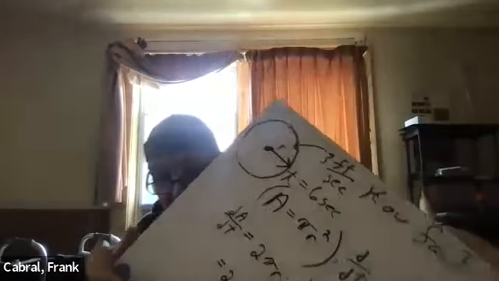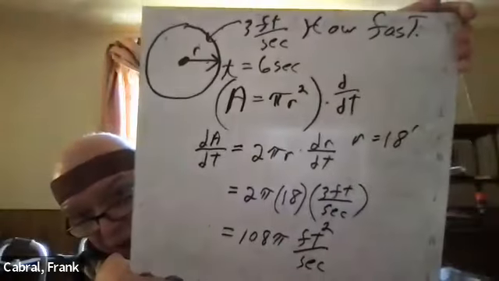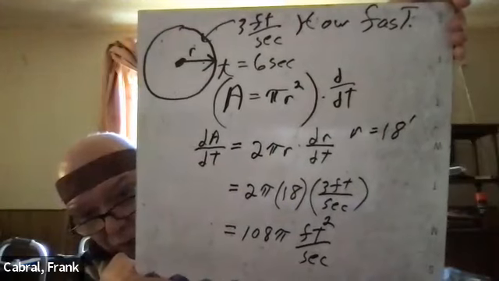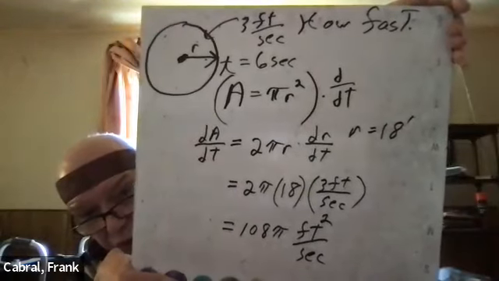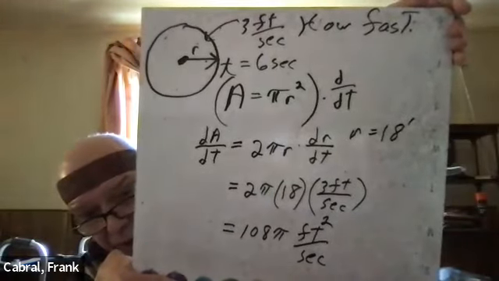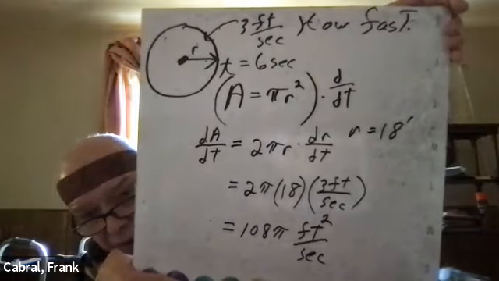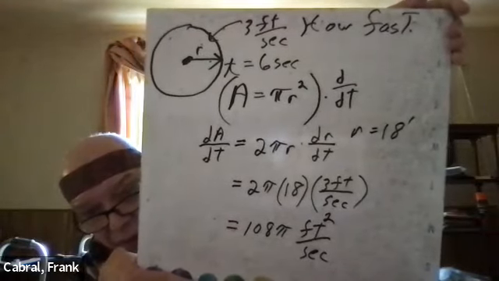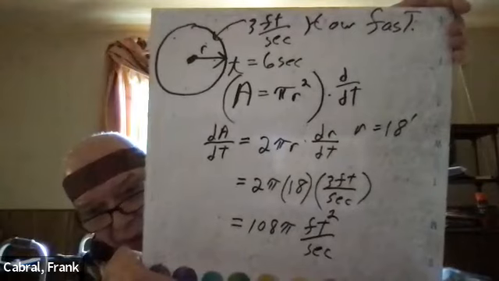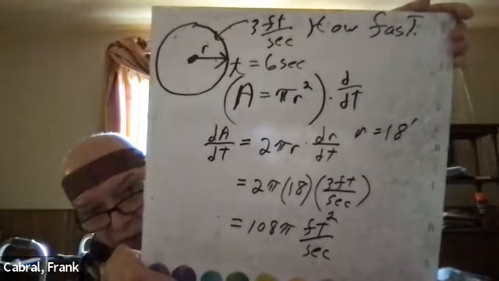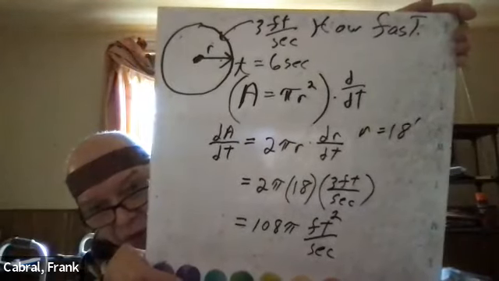Now, this is an exact answer. However, sometimes in WebAssign and sometimes in the textbook, they require an approximate answer, in which case you could just punch in pi and multiply it by 108 in order to get the approximate answer. I prefer exact answers myself. Okay, so this is one example.